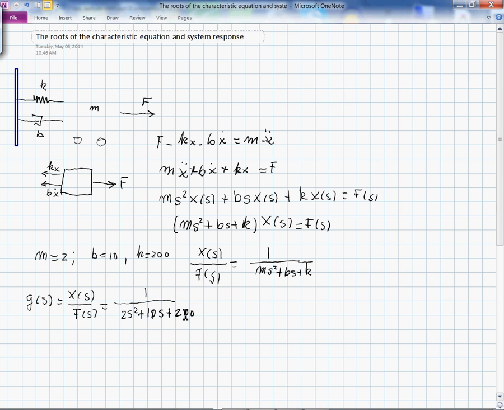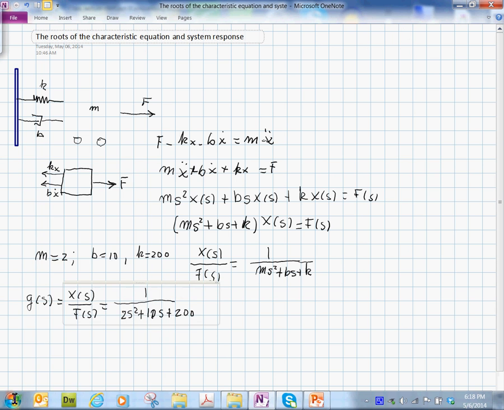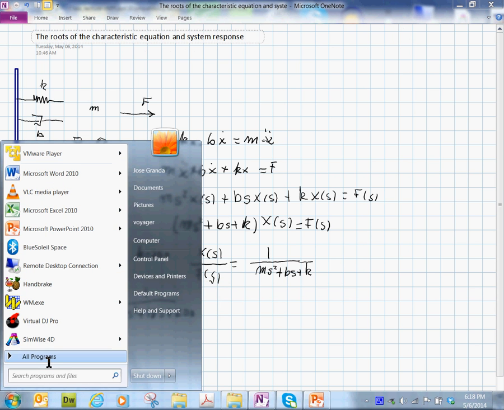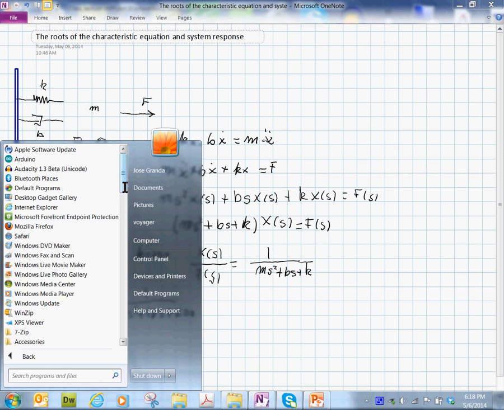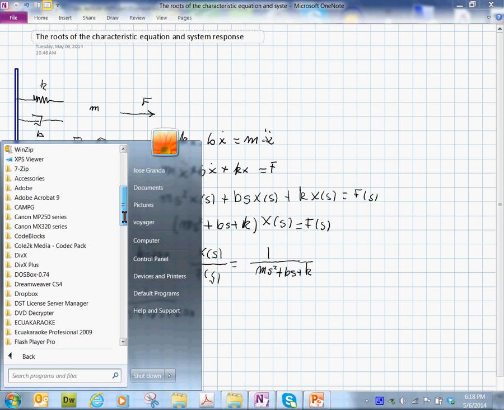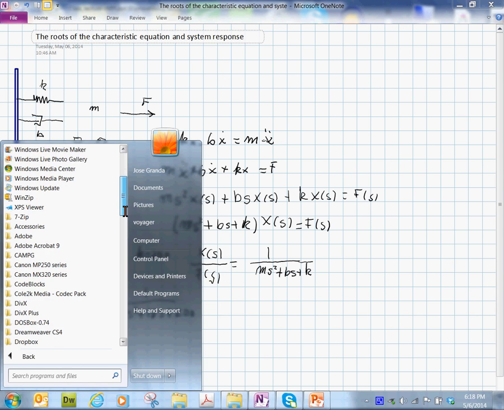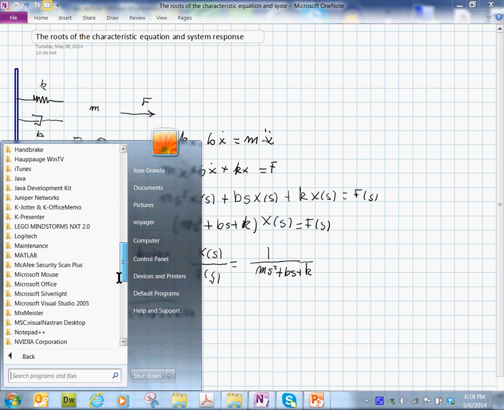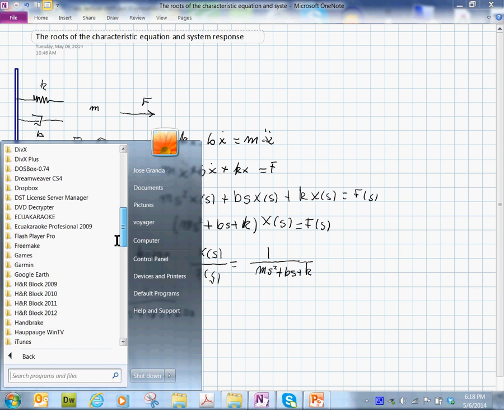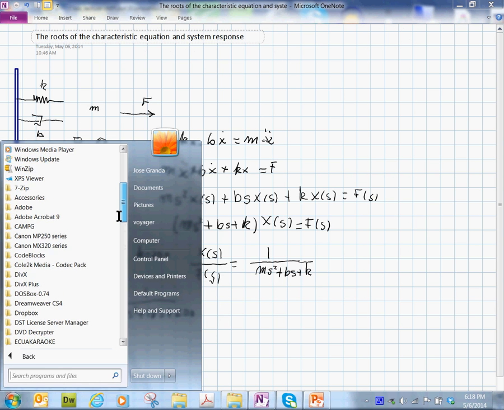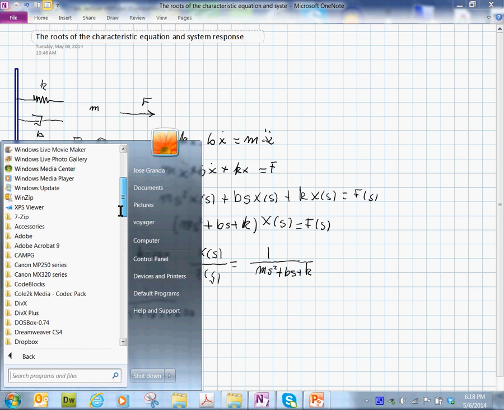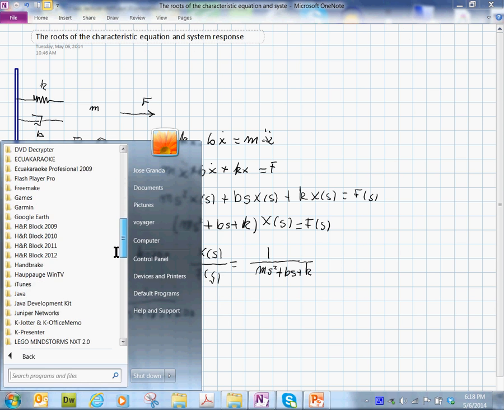Let's examine what happens if we go to MATLAB and put a step input to the system, and see what conclusions we can reach.